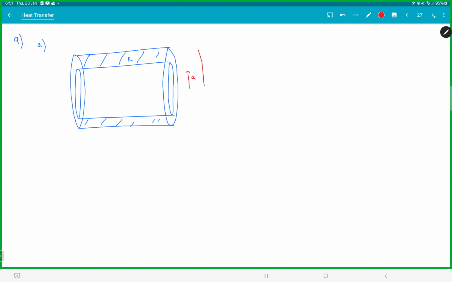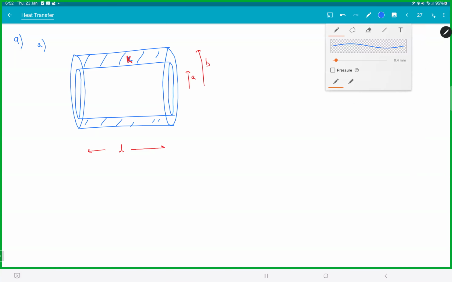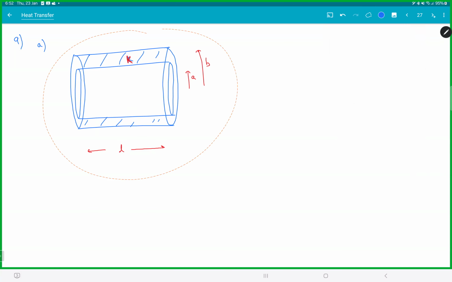This is A, this is B, this is K, this is length L. Heat is given here, T1 and T2, left and right. Find R equivalent.